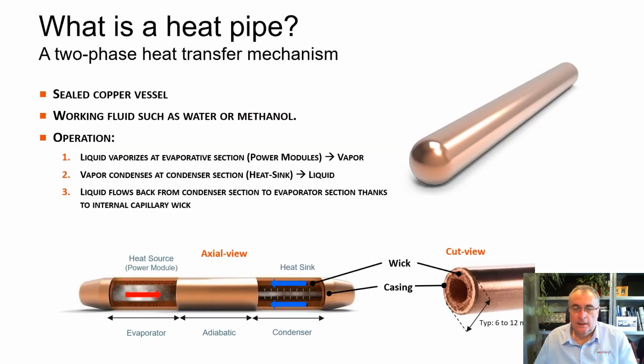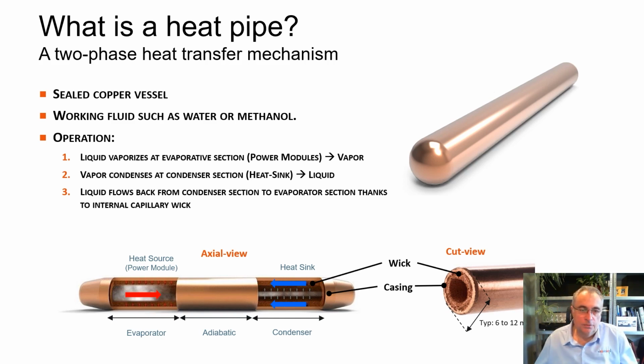So before introducing what we can do with an embedded heat pipe, let me introduce what a heat pipe is. A heat pipe is basically a two-phase heat transfer tube, as you can see here, made of a casing, which is copper in general, and there is an internal capillary wick inside that helps with the vapor transportation.